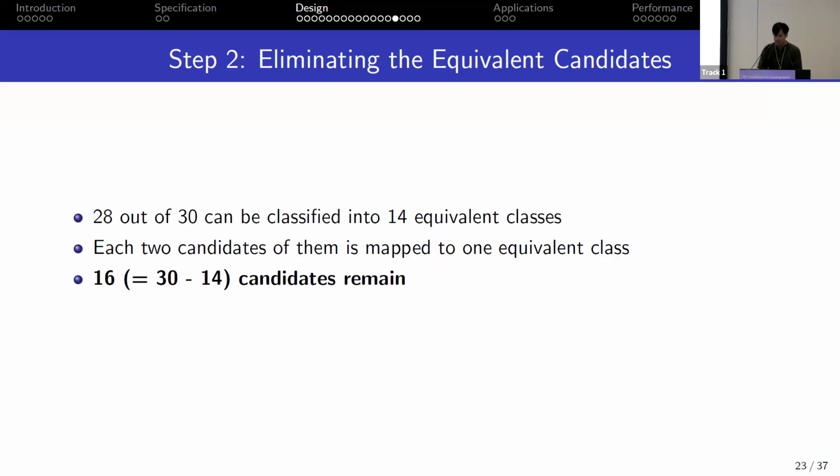In the second step, we eliminate the equivalent candidates. 28 out of 30 candidates can be classified into 14 equivalent classes because of the shuffle property. Each 2 candidates are mapped to 1 equivalent class. After this step, we can eliminate 14 candidates and 16 candidates remain.